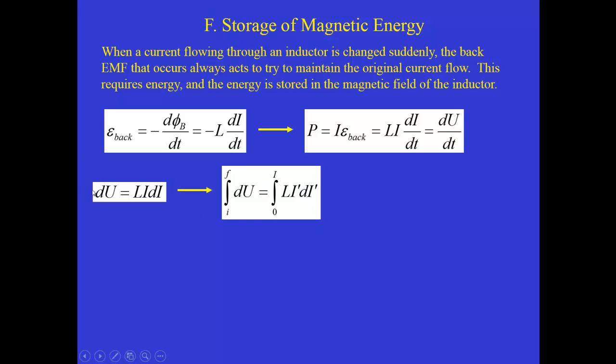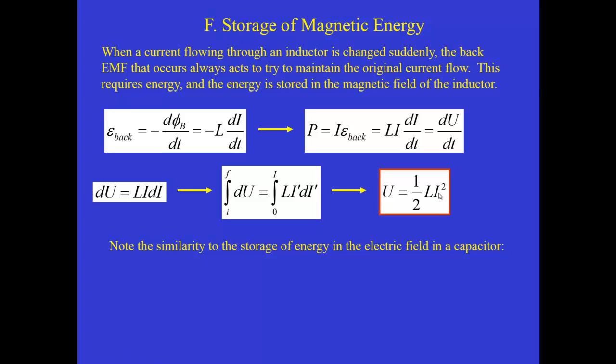On the left hand side, that means we're just adding up all of the energy that gets stored in the process of this current beginning to flow through the inductor. It's an easy integral to do. You see we get I squared over 2, and when the smoke clears and we solve for the total energy storage, we get U equals 1/2 times the self-inductance times the current squared.